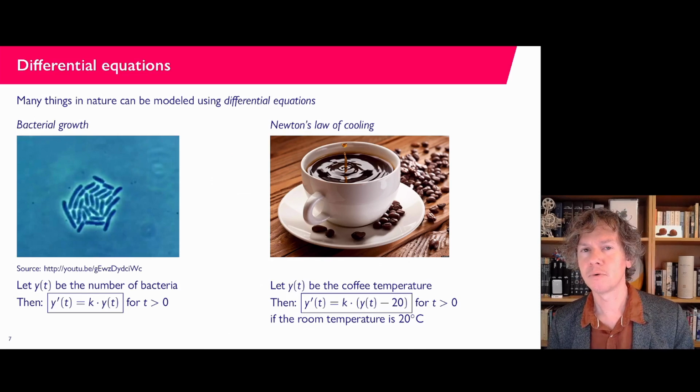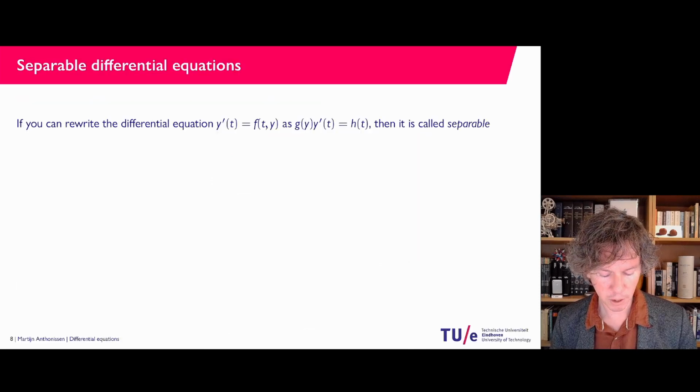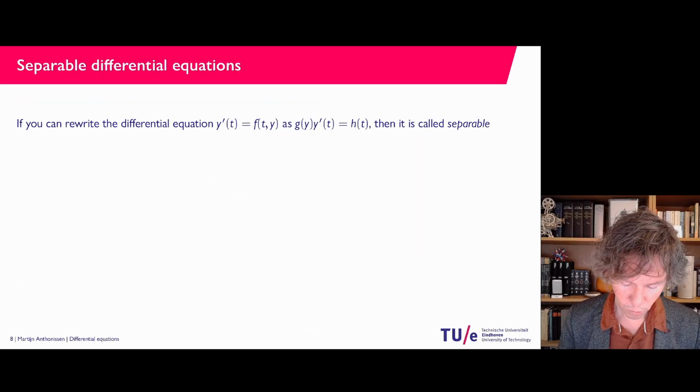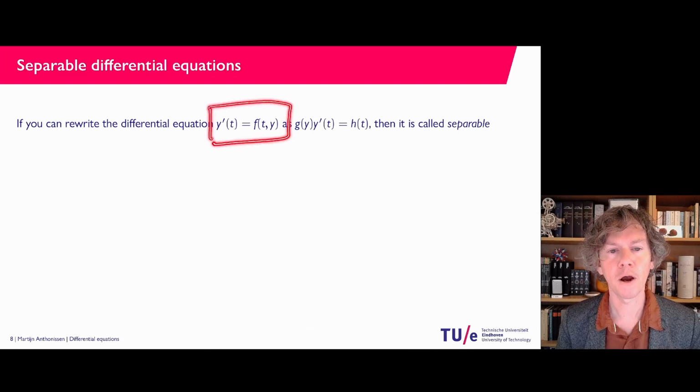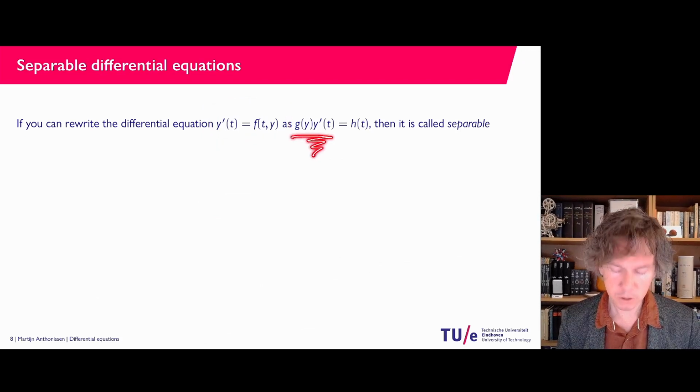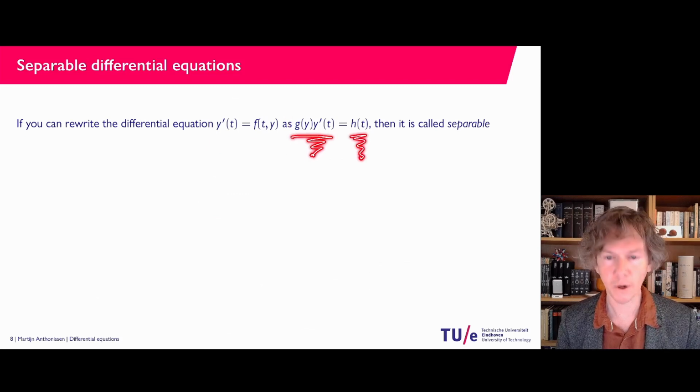The two examples that I just presented, where we could actually solve the differential equations, are examples of what are called separable differential equations. So we start with a differential equation that looks like y prime of t is some given function. And if you can move all the y's to the left-hand side of the equation and all the t's to the right-hand side, then it's called separable.